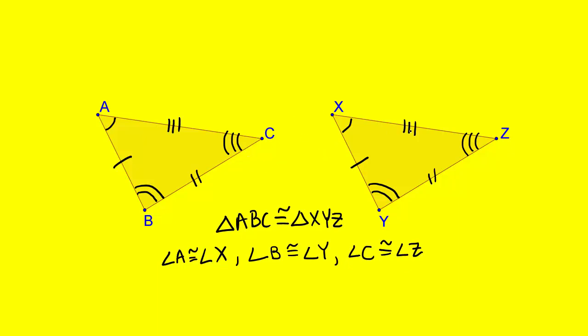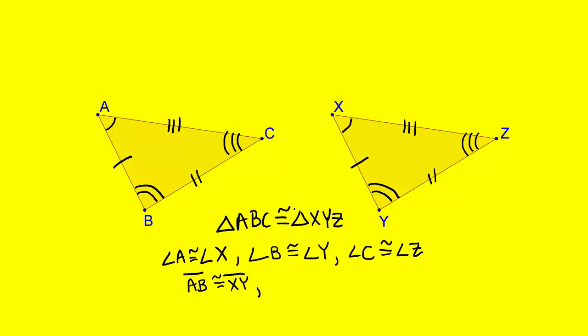And since these angles correspond with each other, they have to be congruent by definition of congruent triangles. And then the other part of the definition says that the corresponding sides are going to be congruent as well. So the corresponding sides in these two triangles were segment AB, and that corresponded with segment XY. And since they correspond, we know they're congruent.